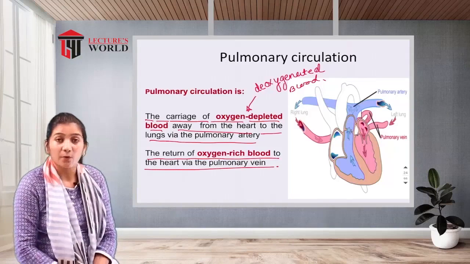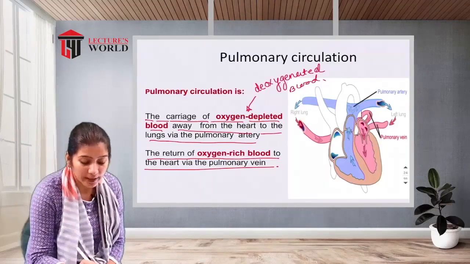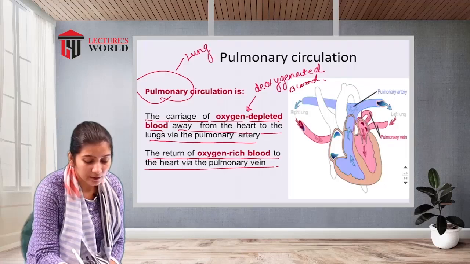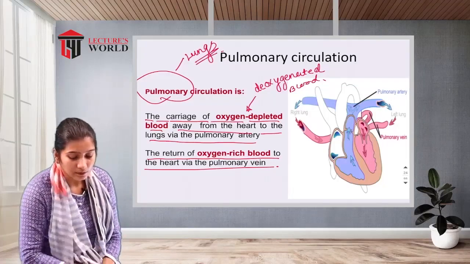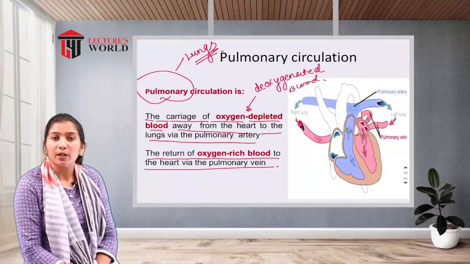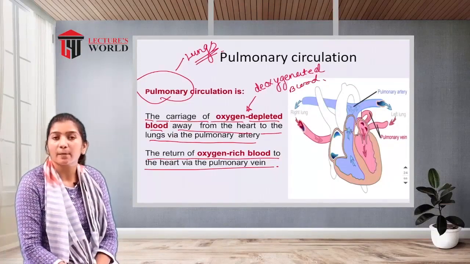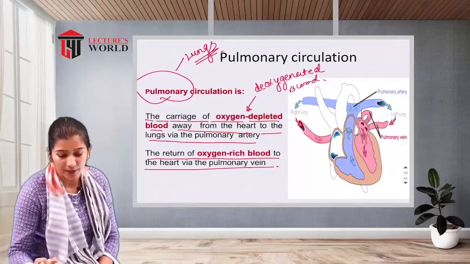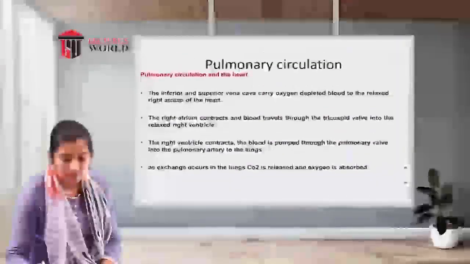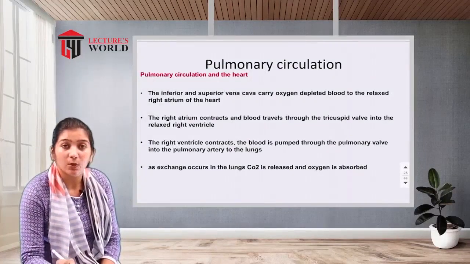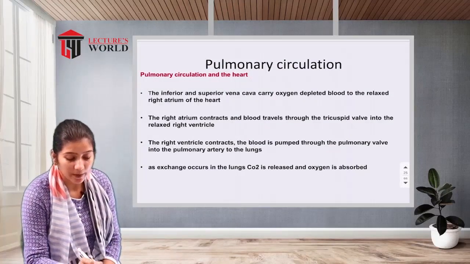So what is the pulmonary circulation? Pulmonary means the lungs. The deoxygenated blood carried from the heart to the lungs, and oxygenated blood coming from the lungs, is known as the pulmonary circulation. In detail, we will see what the pulmonary circulation is.